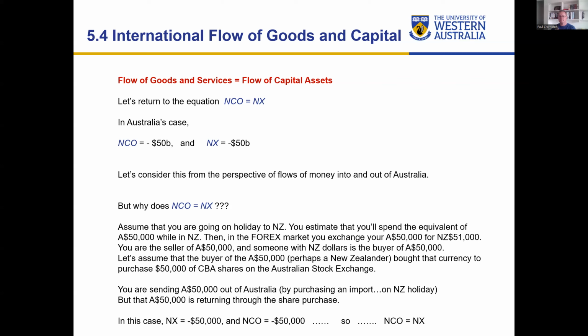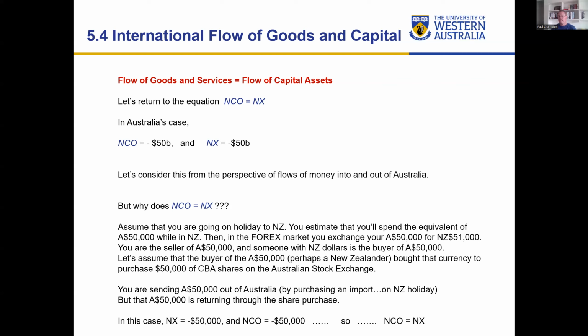Here's the answer. What that figure of minus 50 billion means is that we have more inward foreign investment than outward foreign investment. And the difference is $50 billion.